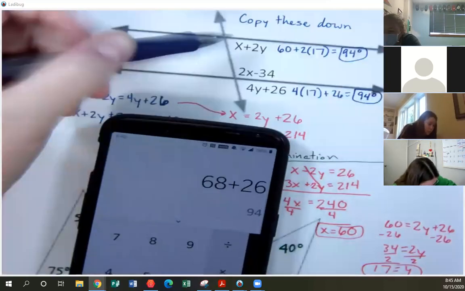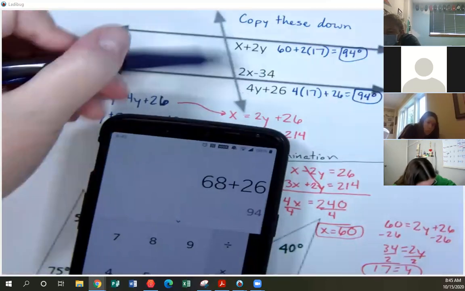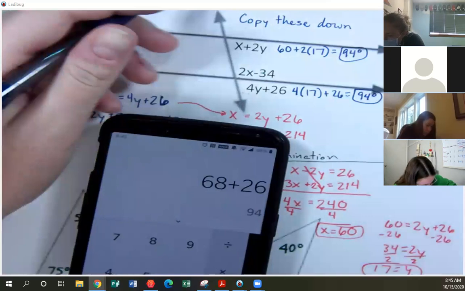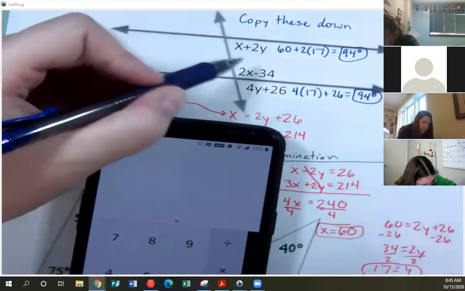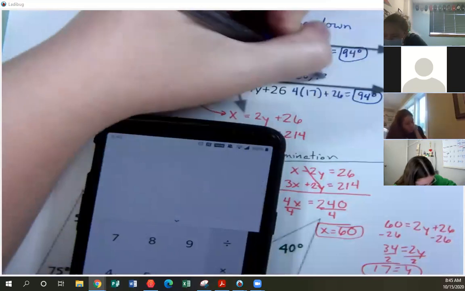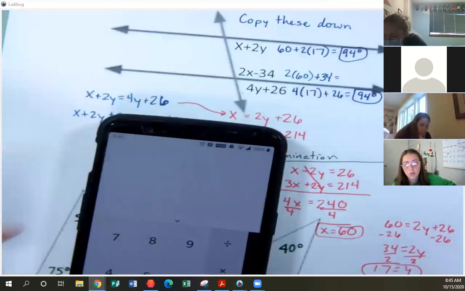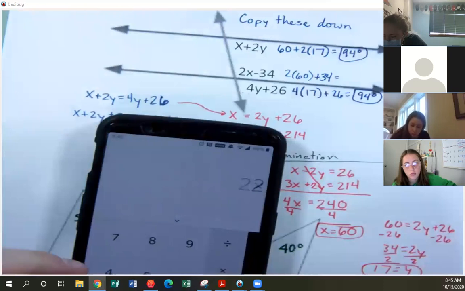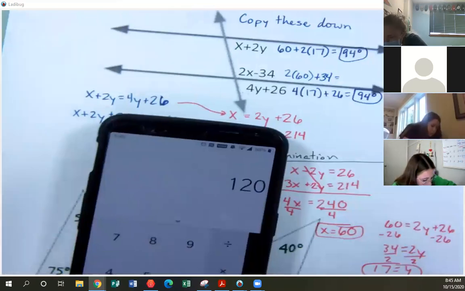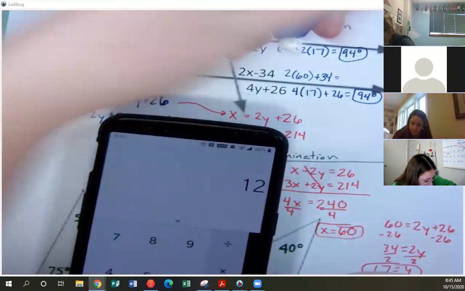These have to be the same or it doesn't work. And then this 2 times 60 minus 34. Oh, I was about to say, oh my gosh, this doesn't work. It's minus 34. That will work.